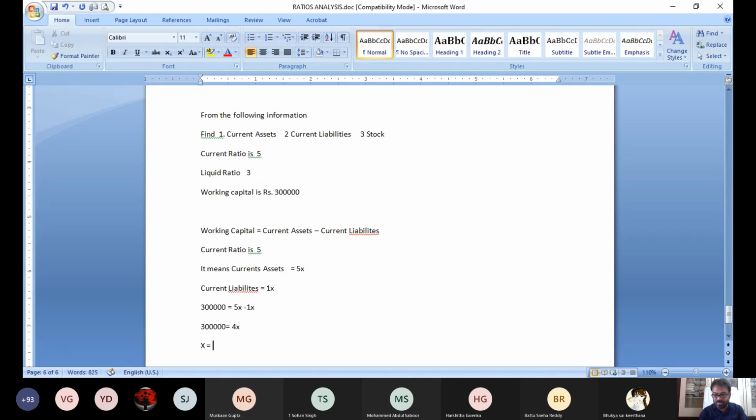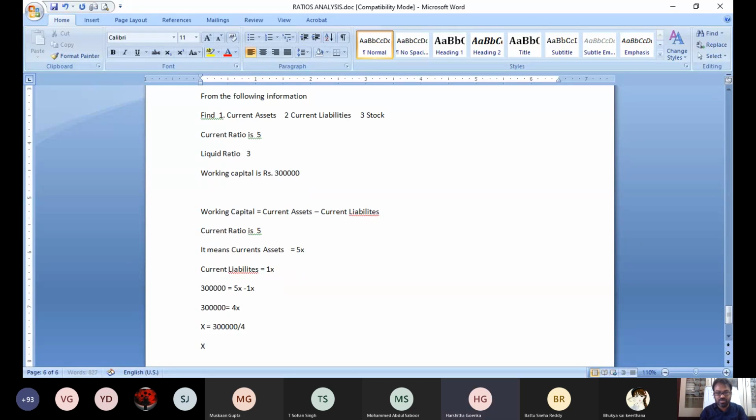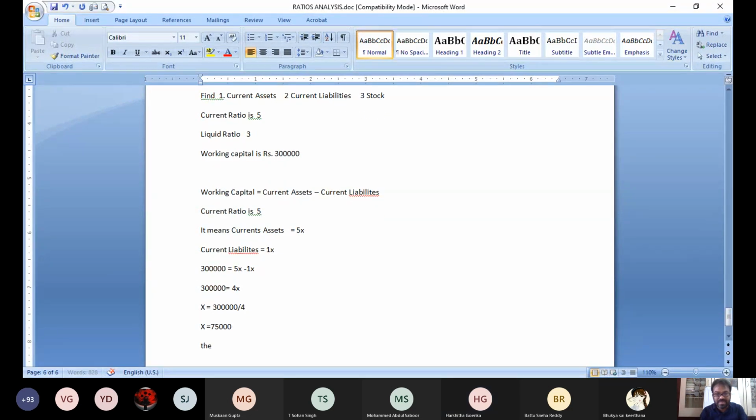So x is equal to 3 lakhs divided by 4. x is equal to 75,000. So therefore current assets equal to 75,000 into 5, which is 3,75,000.